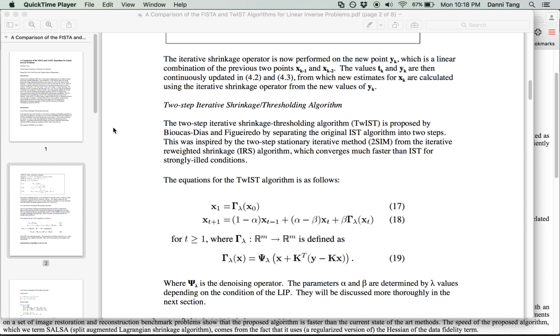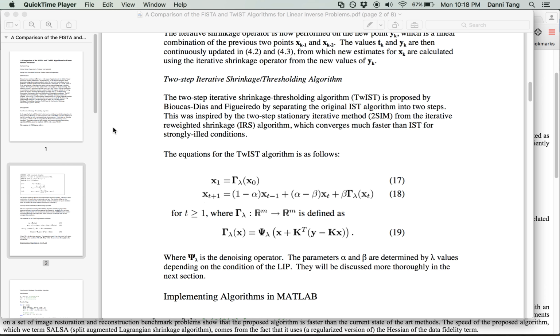And in the TWIST algorithm, there are also two equations, so they split it into two because the authors were looking at the iterative reweighted shrinkage algorithm, which had two steps, and they were inspired by this because the algorithm converges much faster. So they came up with two new equations.